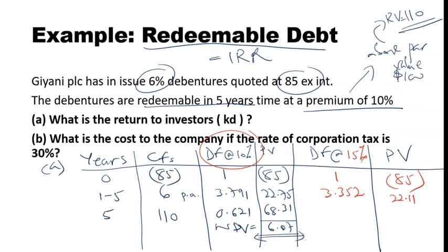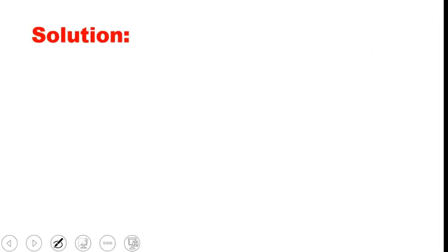Then for year 5, the discount factor at 15% is 0.497, multiplied by 110, we get 54.67. So if we add up, we get negative 10.22.